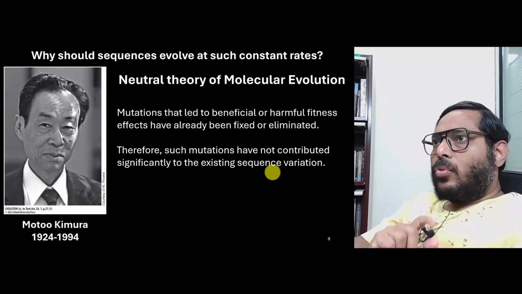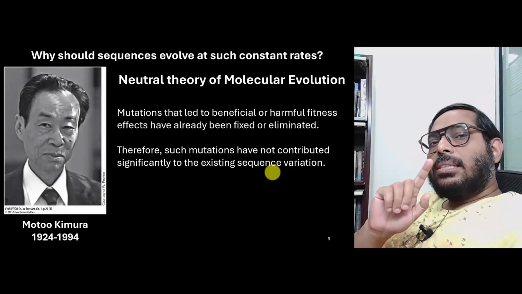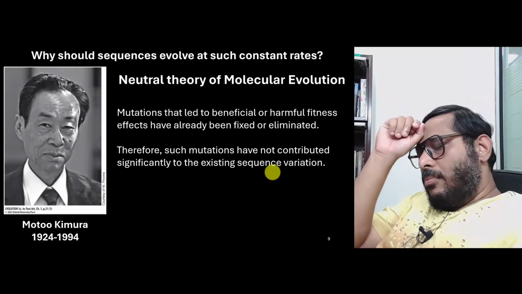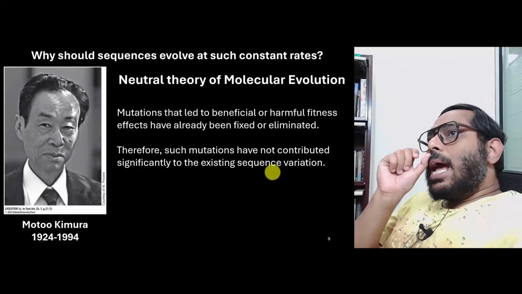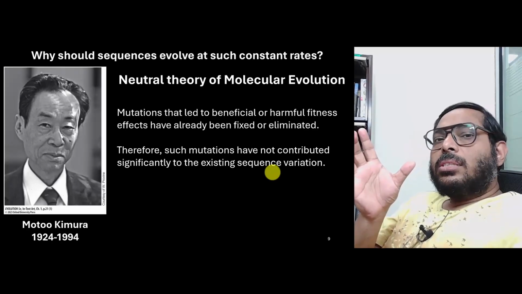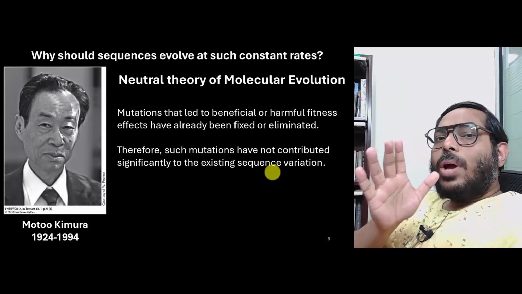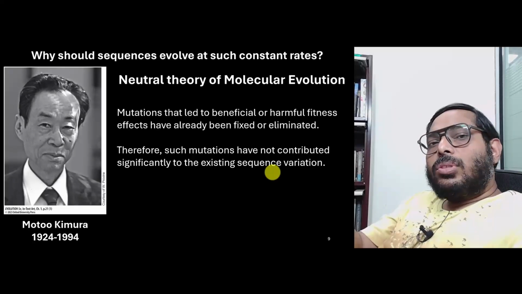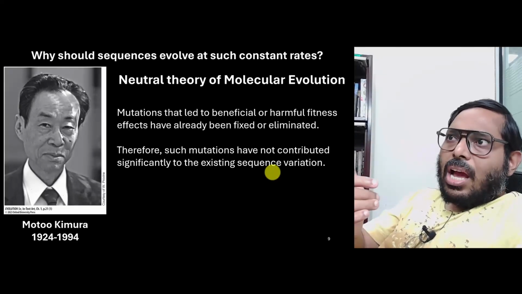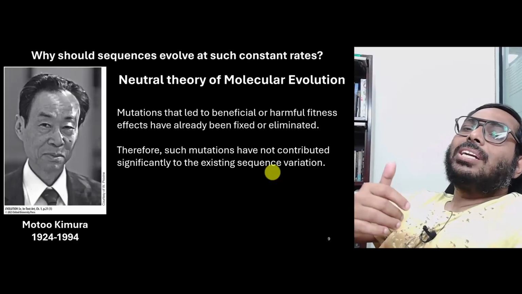So, if you remember when we were discussing the distribution of fitness effects, DFEs, we said that most of the mutations are actually not going to have any effect on fitness, but amongst the mutations which will have an effect on fitness, a large fraction of them are actually going to be deleterious.